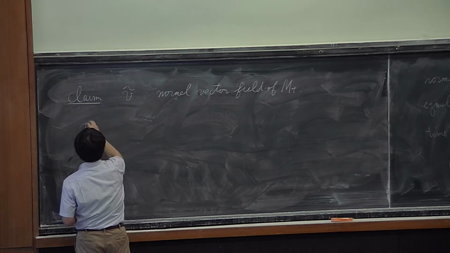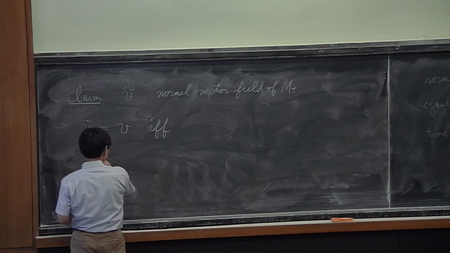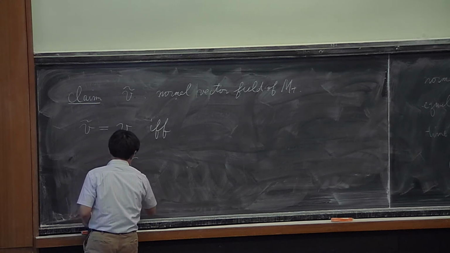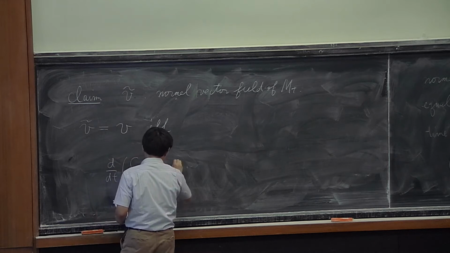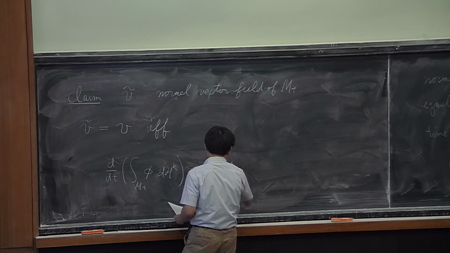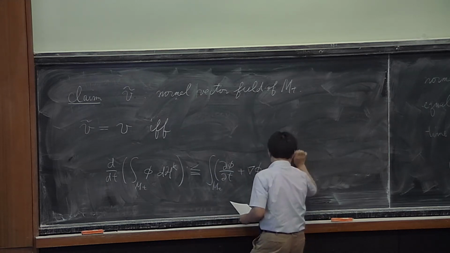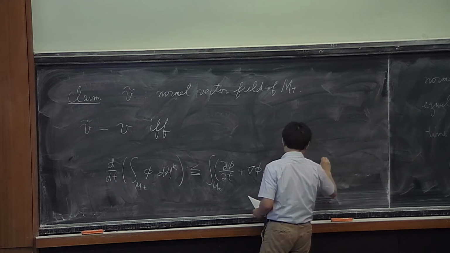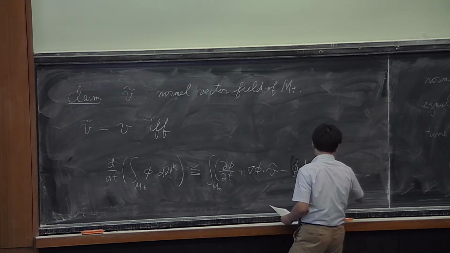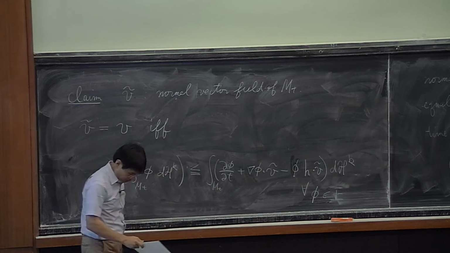Then v tilde is equal to this velocity vector v if and only if this thing that I wrote, d/dt of the integral of phi over MT, is less than or equal to the right-hand side, minus phi h dot v tilde, for all test functions. So that's something I'd like to claim.